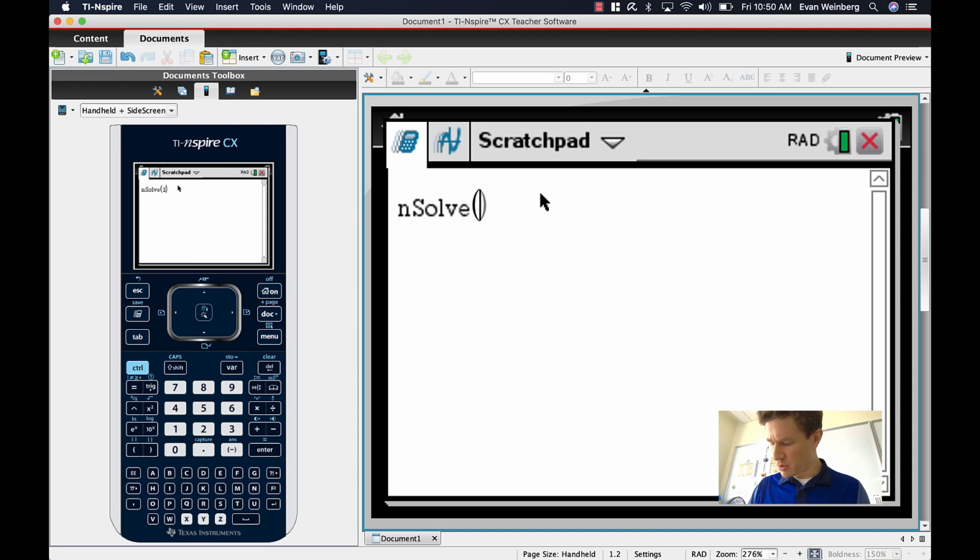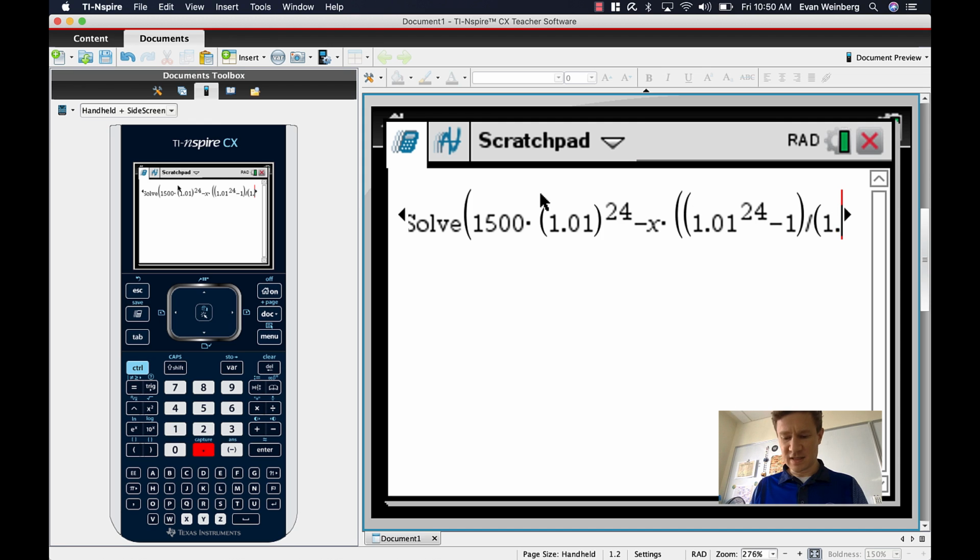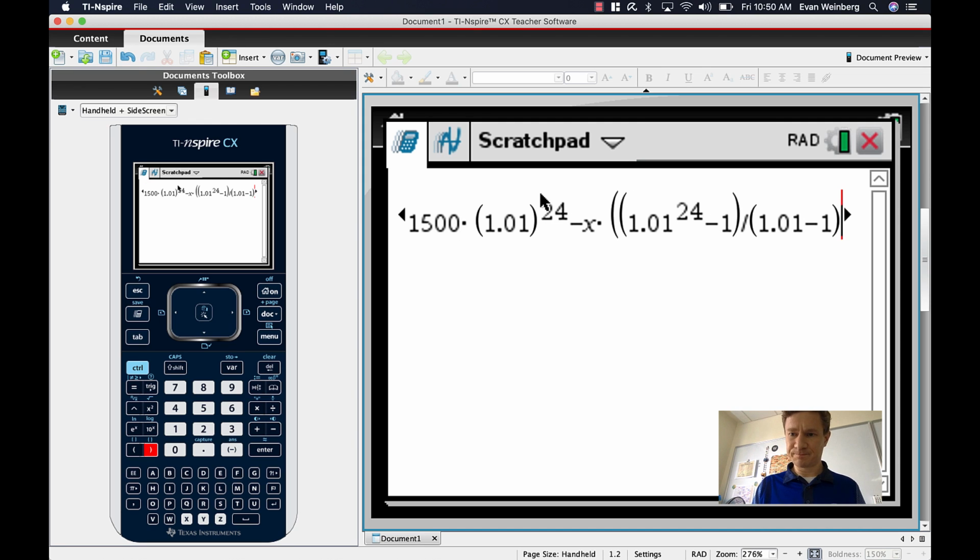And so we're going to put in 1,500 times 1.01 to the 24. And I'm going to subtract x times, and I'm going to just put directly that entire expression in, 1.01 to the 24 minus 1 over, and I'm going to put this in parentheses, 1.01 minus 1.